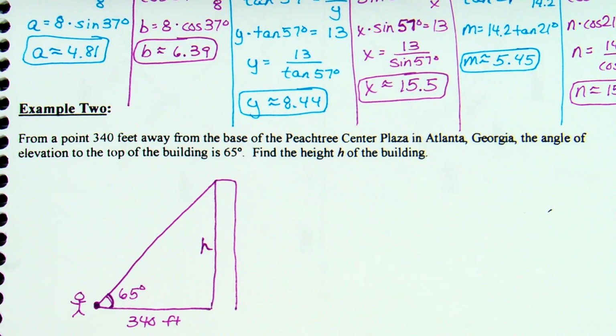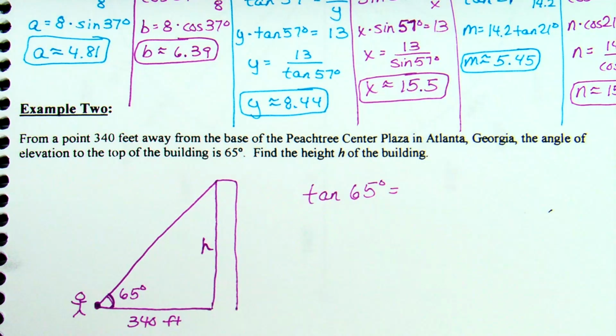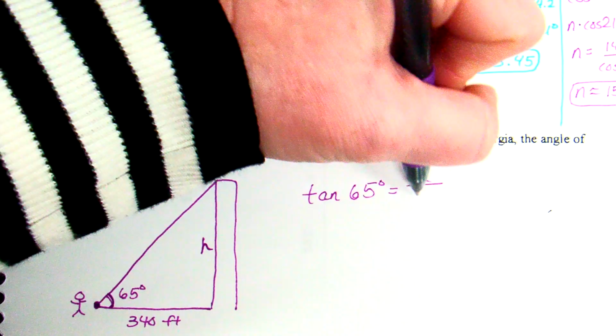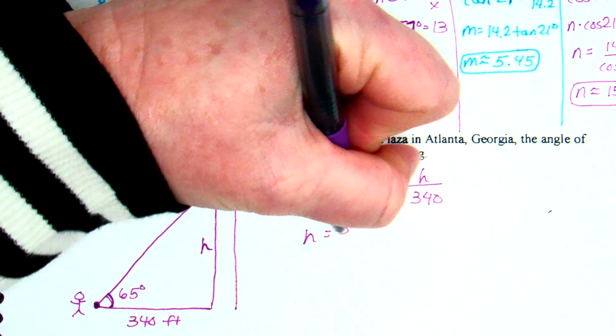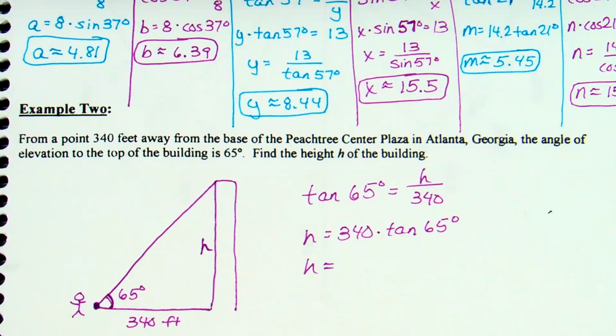Tangent of 65 is opposite over adjacent, so h over 340. Multiply by 340. So 340 times the tangent of 65 degrees. What decimal? You have to check and tell me what decimal. I bet you I can guess it. It's going to be 18.